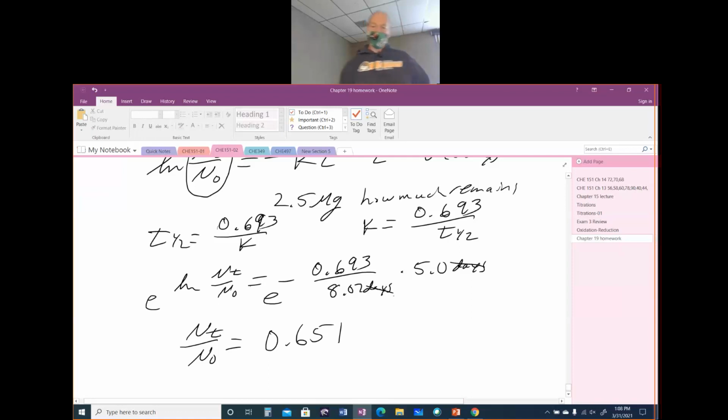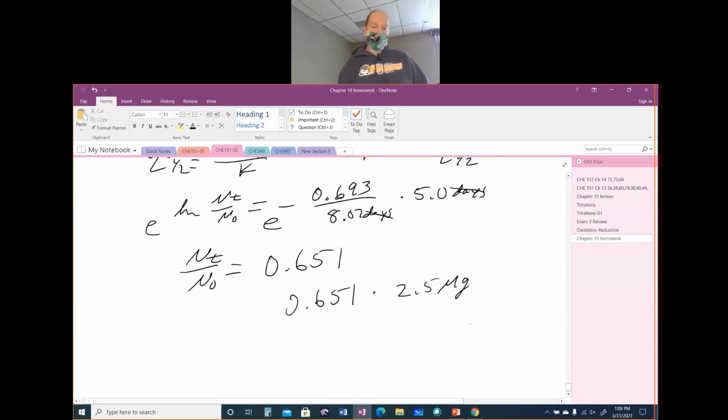So we have not reached a half-life. We would have to wait 8.07 days for half of it to be gone, and it's only been 5 days. So not half of it is gone, and the amount that remains is more than half. It is 0.651. Then you take your 0.651 times your 2.5 micrograms.